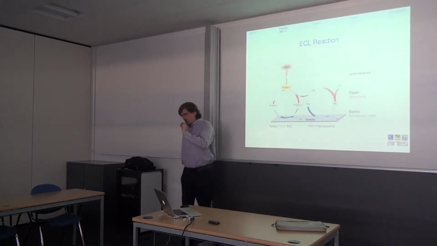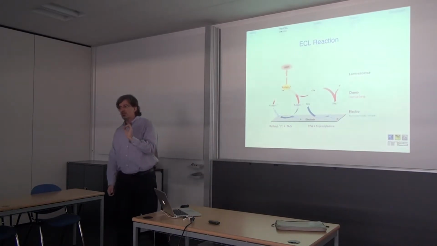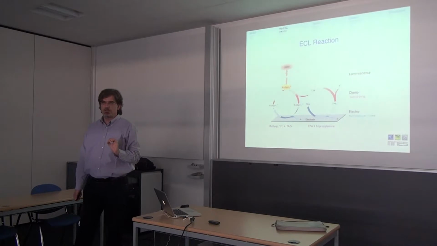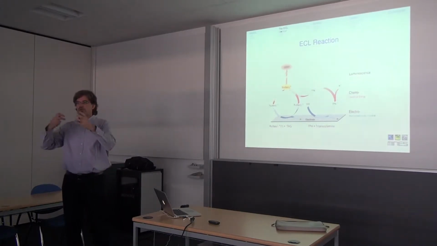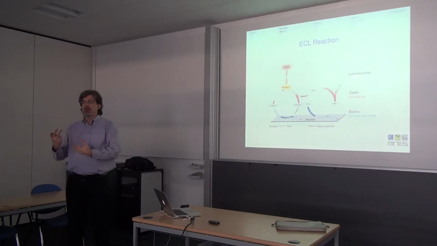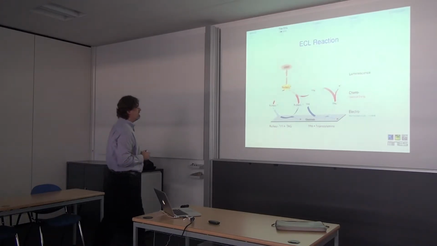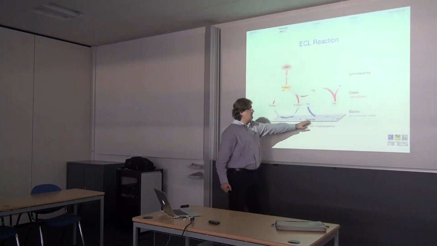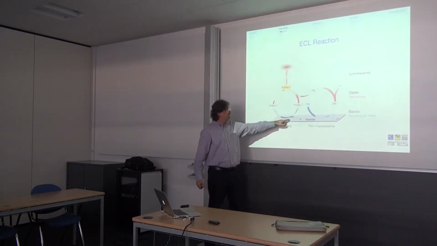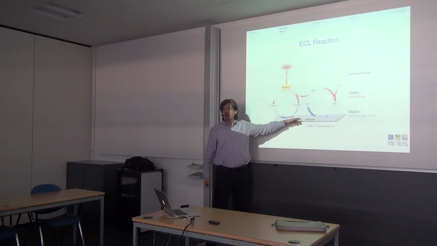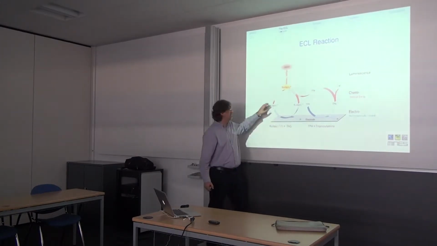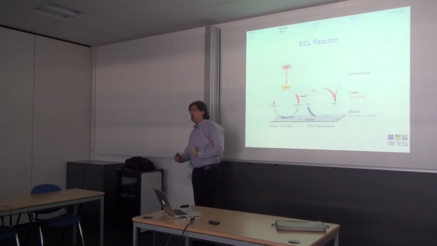Okay, we are talking, as I already mentioned, of an electrochemical cell. So we have reduction or oxidation, so redox reactions inside this cell. What does it mean? It means that on the surface of the electrode there is an exchange of electrons between the electrode itself and the molecule that I'm detecting.